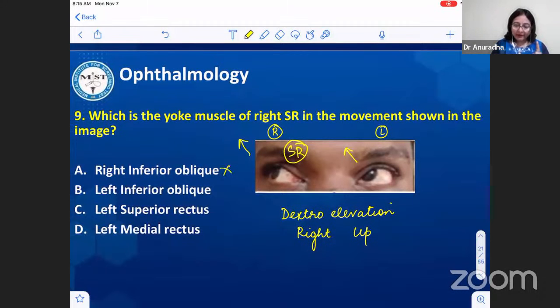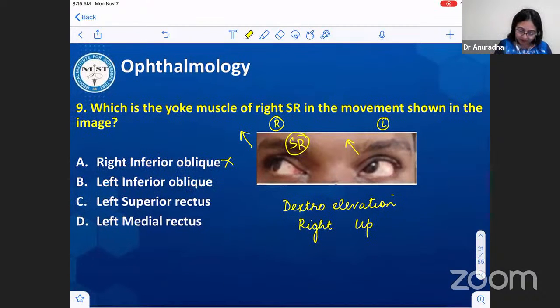I think there is confusion here, because some of you are writing the right answer. So if you have to identify the yoke muscle, the easiest way, here they have just twisted the question. Actually, the answer is very simple. I always tell in my class also, for the right superior rectus, to find the yoke muscle, change right to left, superior to inferior, rectus to oblique.